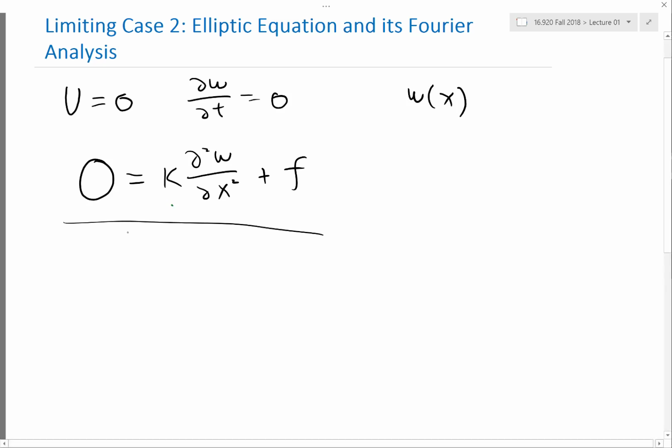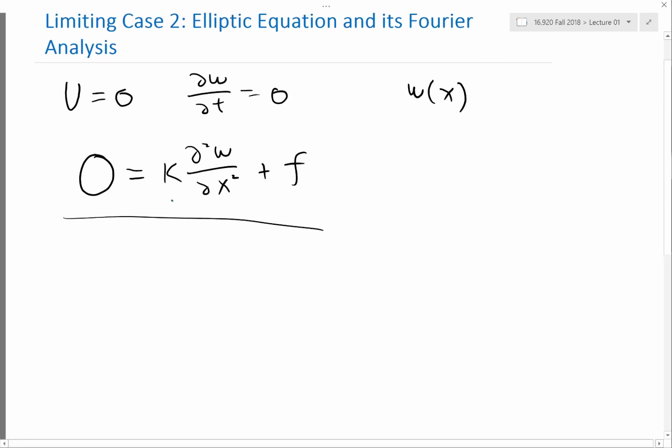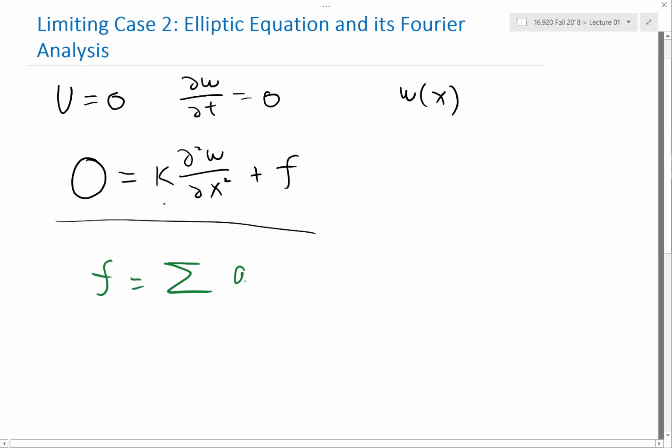And for linear equations, for linear partial differential equations, Fourier analysis usually works pretty well. So I'm supposed to end the lecture in 1 minute, but let's just say f is equal to a summation of a Fourier series, a_k e^{i 2 pi k x}. This is a complex expression that is the same as the sines and cosines of the last lecture.